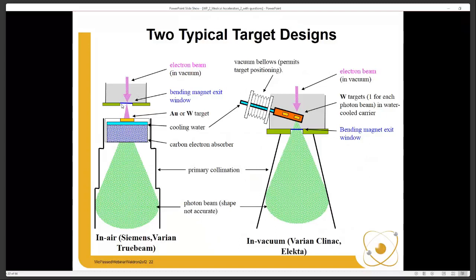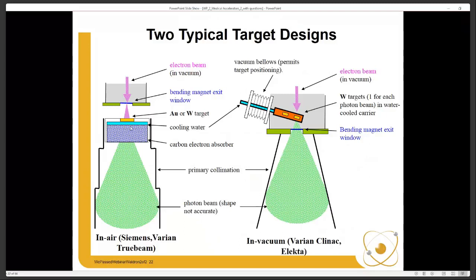It is going to pass through a thin window from vacuum into air. It will begin to spread very dramatically once it hits the air. Directly below here is a canister that has a gold or a tungsten target, and it's less than a millimeter thick.